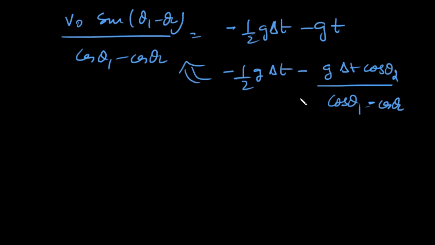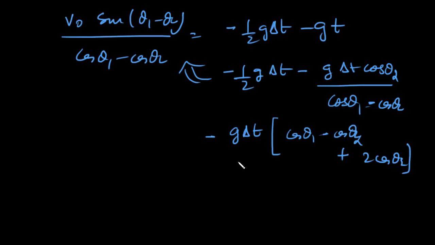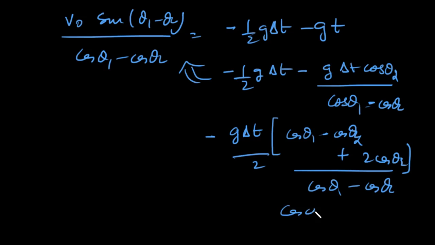Okay, so taking g delta t common and minus sign also common, we get cos theta 1 minus cos theta 2. Since we have taken minus, this would be plus 2 cos theta 2, right, divided by 2. And divided by cos of theta 1 minus cos of theta 2. This expression would be cos of theta 1 plus cos of theta 2 divided by cos of theta 1 minus cos of theta 2.